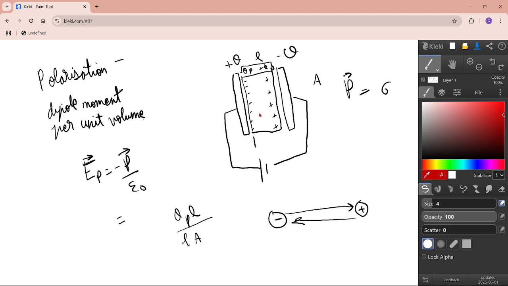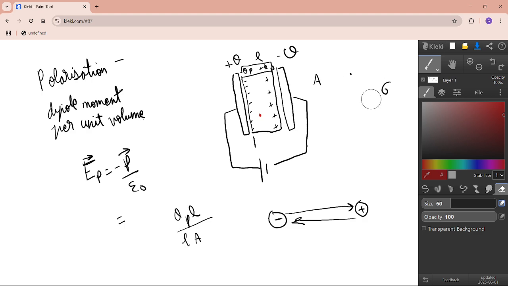If I consider a point here, the electric fields due to the negative and positive charge will get added. Sigma by 2 epsilon naught plus sigma by 2 epsilon naught makes sigma by epsilon naught. And we know sigma's value is the same as the polarization, the dipole moment per unit volume. So it's P upon epsilon naught, and the vector sum is of course minus P upon epsilon naught because the direction is opposite.